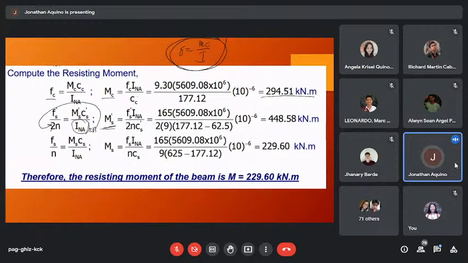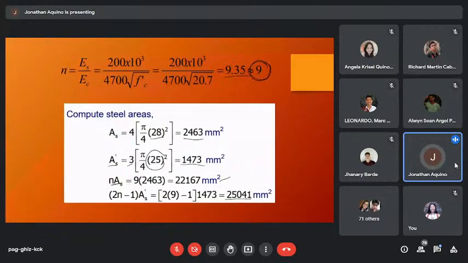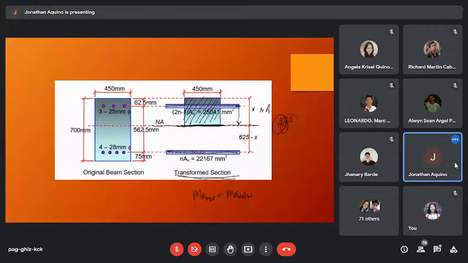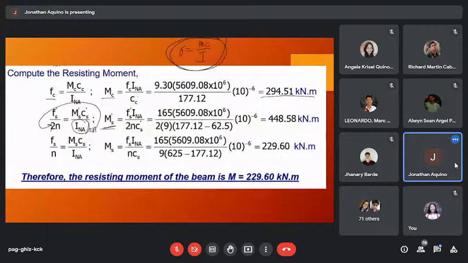For grade 60 reinforcing bars, our fs is either 170 or 165 megapascal. In some books they use 165 megapascal, but for NSCP the suggested value is 170 megapascal. Considering 165 megapascal, we assume that the compression steel will yield.